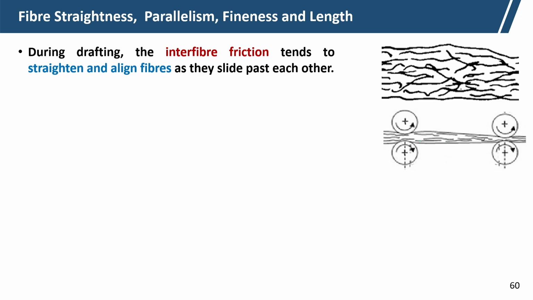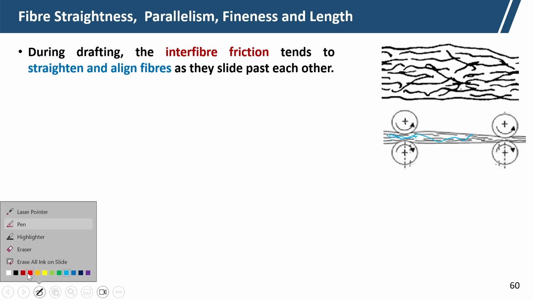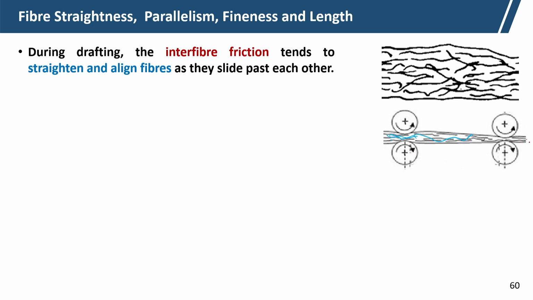Suppose there is a fiber, here one fiber is this one which is connected with the back roller. Okay, this is not aligned. Another fiber is connected with the front roller. Now, both the fibers are not aligned or straight.